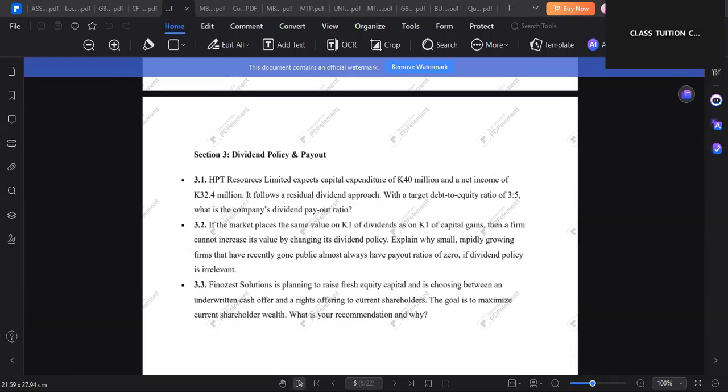Okay. You're explaining the rights offer first, right? Okay. Yes. And what is the underwritten offer?